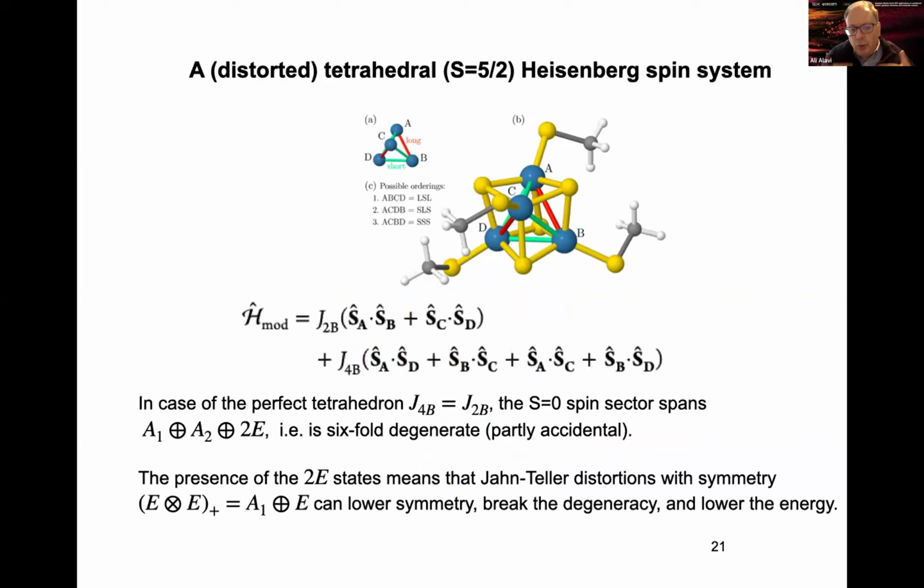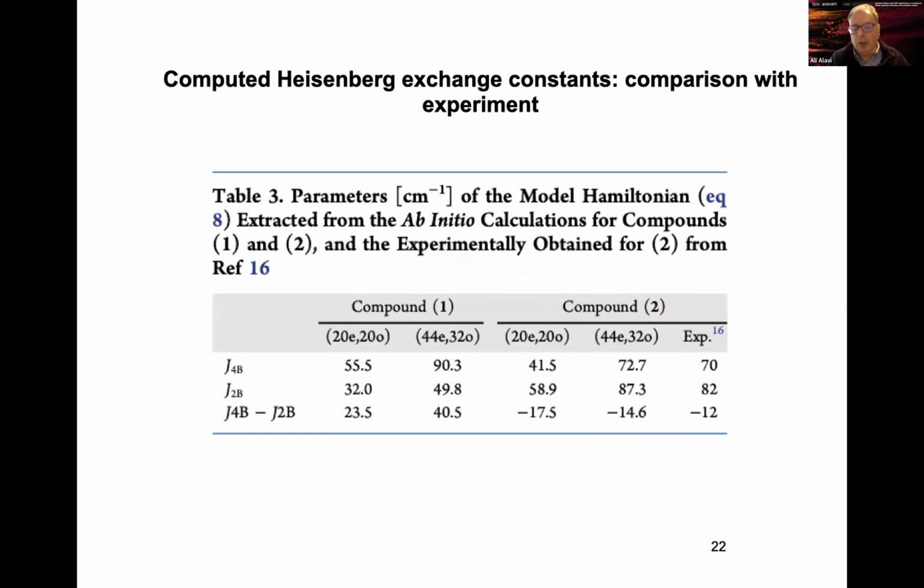Okay, now we can use the ab initio data to come back and fit to a Heisenberg model and extract the corresponding exchange constants. And for one of the compounds for which there are actual experimental measurements, we find that an active space that only consists of the iron produces reasonably good, but not perfect values for the exchange constants.